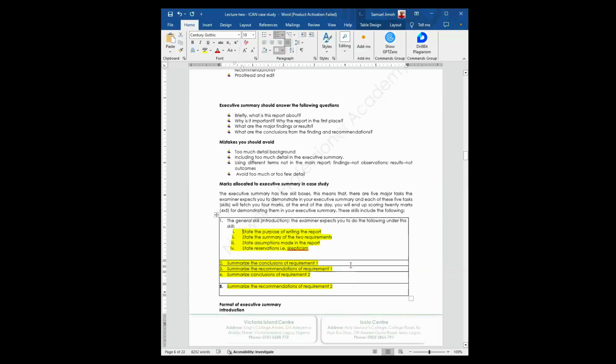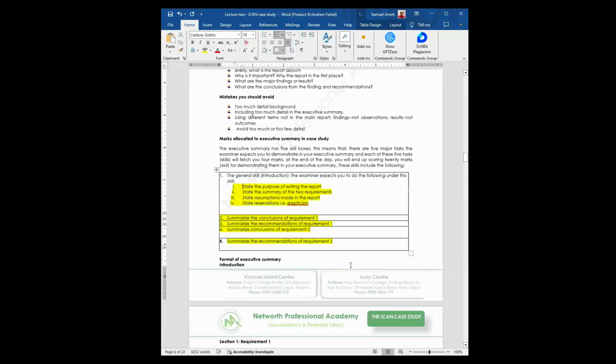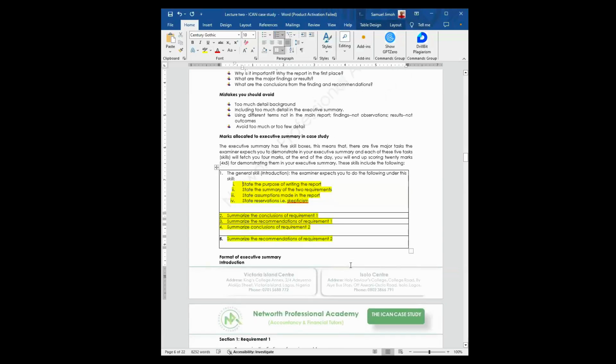And let me state this clearly, right? Anything you are doing outside these things will mean that you are only wasting your time. These are the areas that will fetch you marks. So if you have done the first one, that is 4 marks.